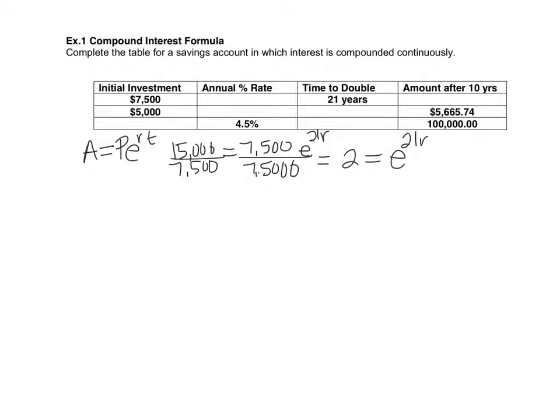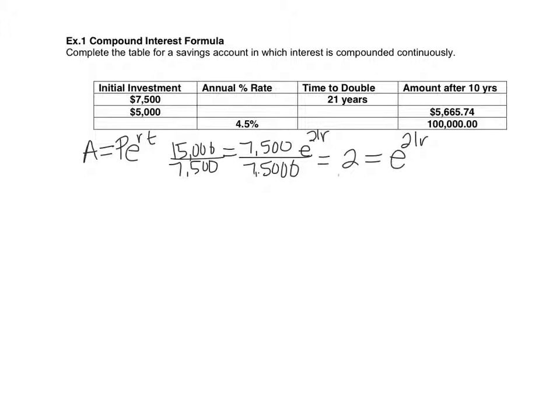Now think about this, back to our solving equations. I am looking for r, which is in the exponent. So think about how would I solve for a variable in the exponent. You're going to do that by taking the log of both sides. Because we have an e in our problem, we're going to take the natural log of both sides.